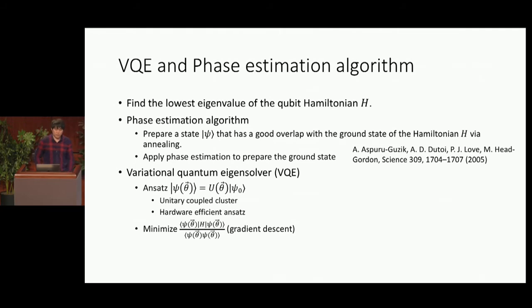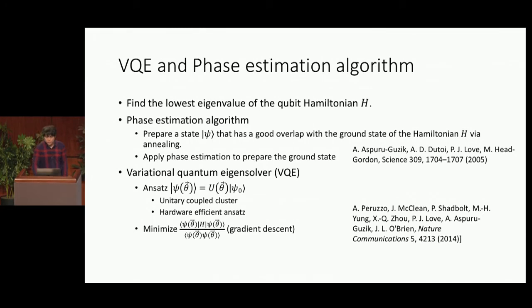We apply some unitary gates where each gate is controlled by some parameters. We also have several ansatzes for the variational eigensolver method, while the target is to minimize the average value of the energy by using, for example, the gradient descent method. The first realization of the variational quantum eigensolver method is in this paper.